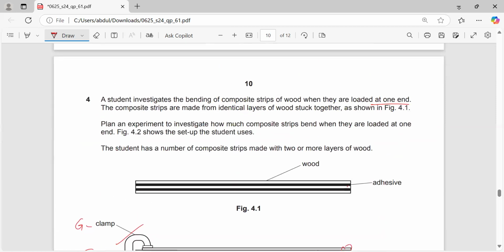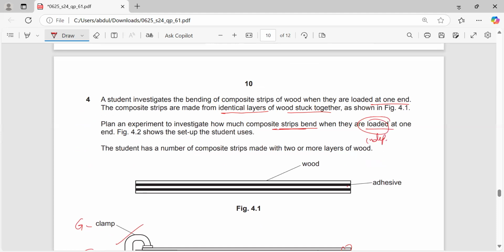The composite strips are made from identical layers of wood stuck together as shown in the figure. Plan an experiment to investigate how the composite strips bend when they are loaded. Load, now, are the weights.